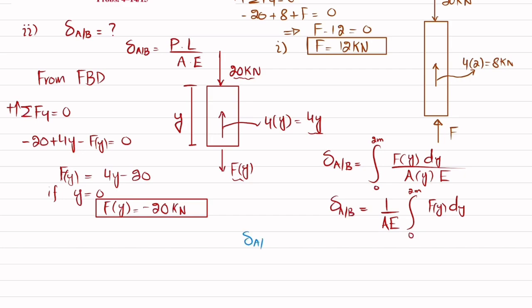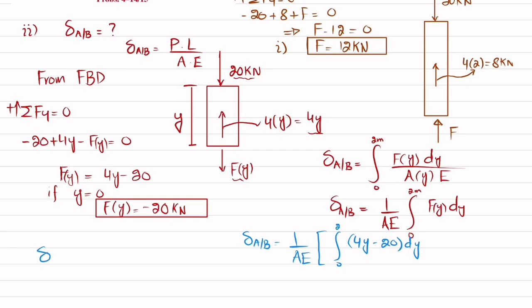So the displacement of point A with respect to point B will be equal to 1 over A into E, and Fy is the integral from 0 to 2 meter, and this Fy is 4y minus 20 into dy.